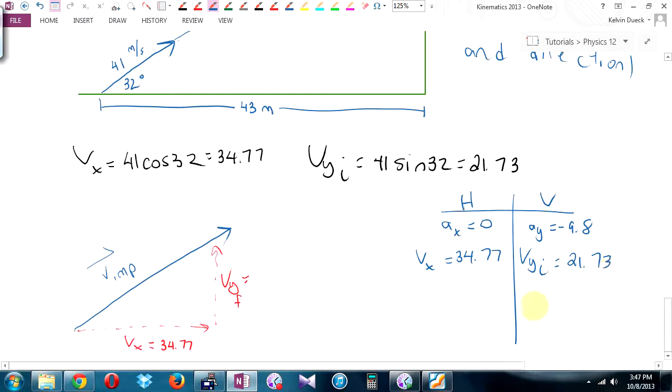I'd like to find Vy final, except how many things do I have in the vertical column? Only 2. I can't use 2 to find 3. I need 3 to find 4. Well, what haven't I used yet that the diagram gave me?